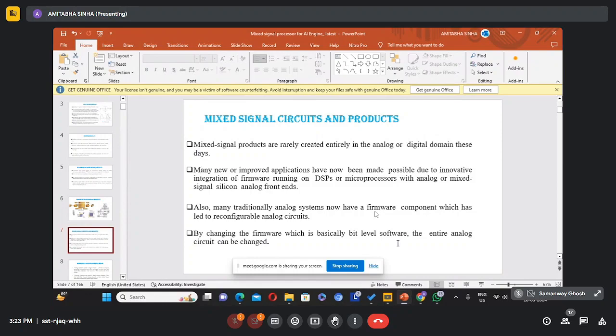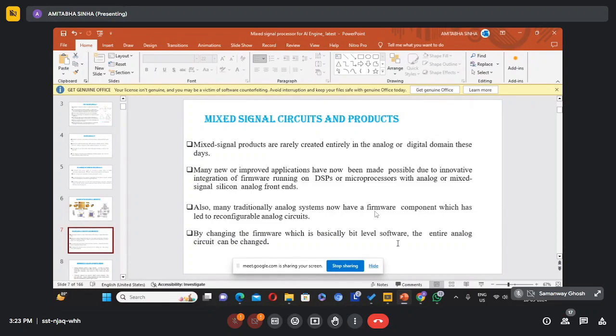And after testing and verification of this code, you have downloaded the bitstream onto the FPGA. So FPGA will behave like that particular hardware. Like using FPGA, you can design a CPU also. And CPU will have instruction sets and all. And depending on the CPU, you have written the code, and that code you have compiled, and the bitstream has been downloaded onto FPGA. So FPGA will become that particular CPU.